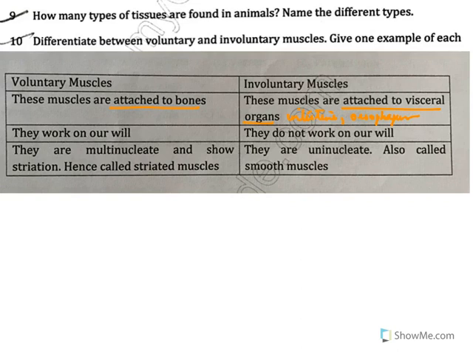The voluntary muscles work according to our will. We have no control over involuntary muscles. They do not work on our will. Voluntary muscles are multinucleate and they show striations. Involuntary muscles are uninucleate and they are smooth muscle. They do not show any striations.